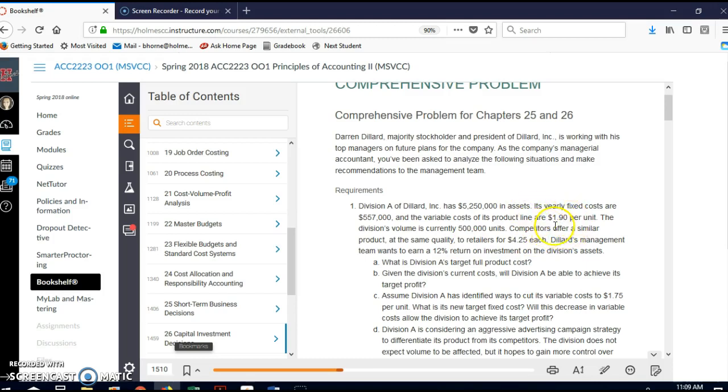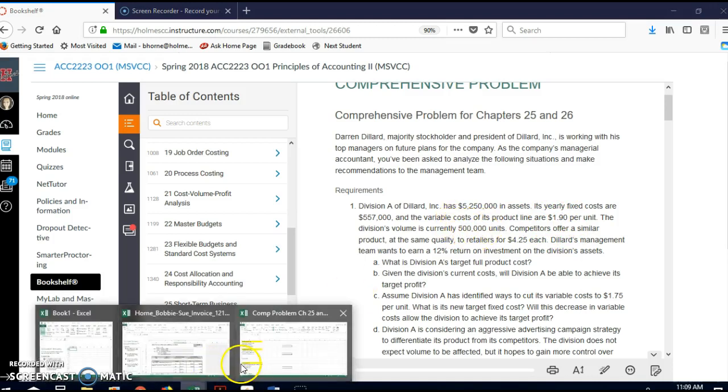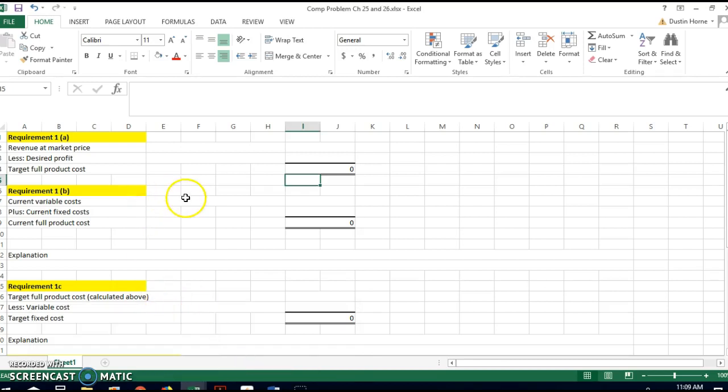That is our variable cost. And we know that we make 500,000 units. So when you're doing your current variable cost, right here you want to show $190 per unit times 500,000 units. Just type that out. And then when you actually do the calculation, put that number right here.